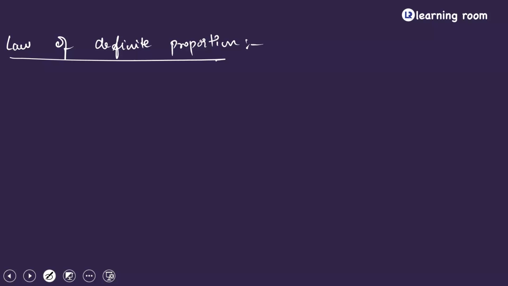But anyway, no doubt, the law of conservation of mass was found out by Anton Lavoisier. Lavoisier is the last name.